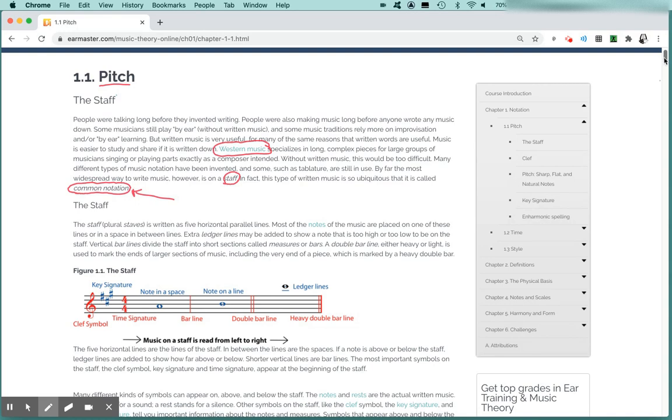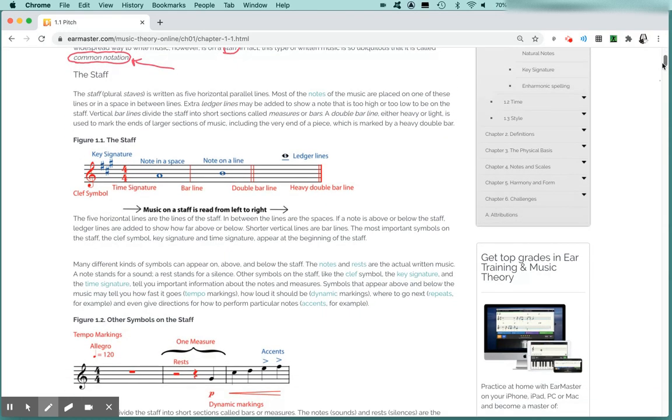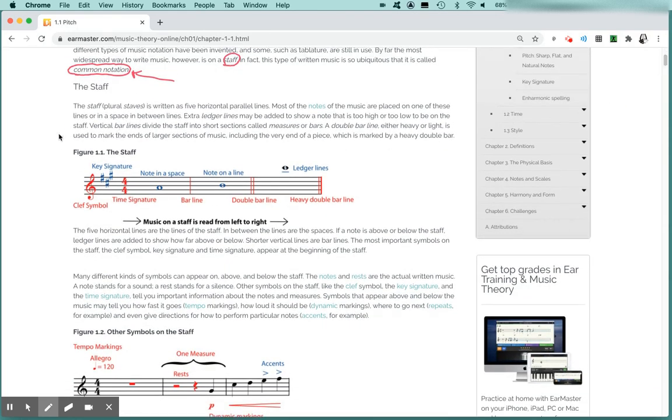The staff is a series of 5 horizontal lines. Simply put, the simplest staff is 5 parallel horizontal lines. So we need to know staff.